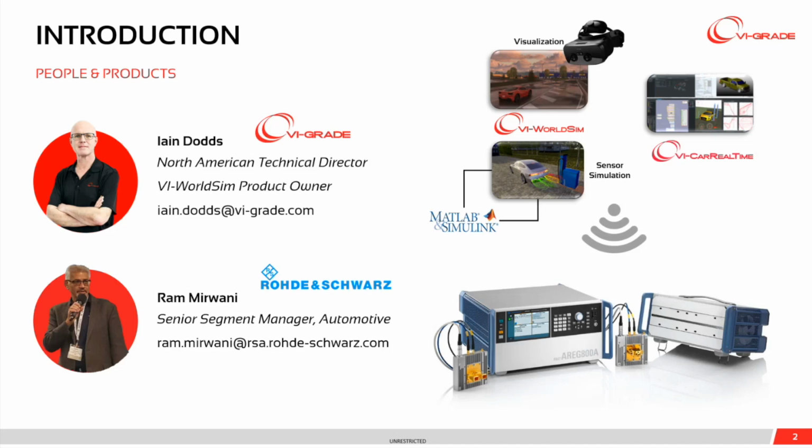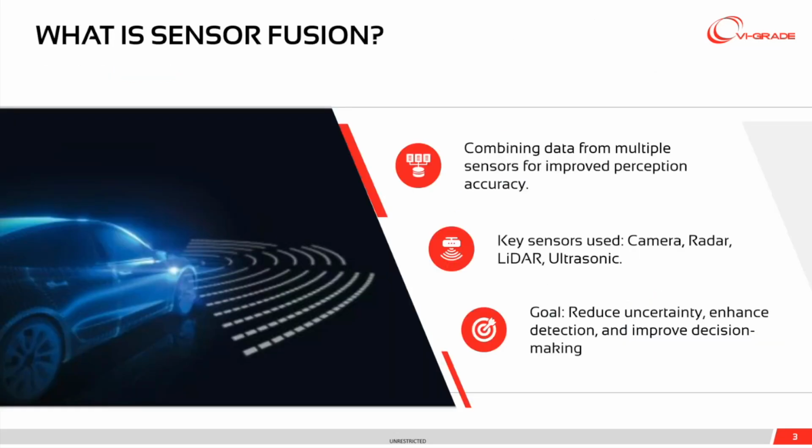Okay, so let's touch a little bit on what is sensor fusion. Sensor fusion is the combining of multiple sensors to improve your perception accuracy. Sensors are used in the vehicle to perceive the world. I can detect vehicles, obstacles, pedestrians, road sign detections, but one sensor is not necessarily enough to validate that what the sensor is seeing is really what it's seeing.